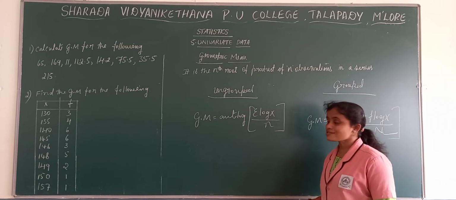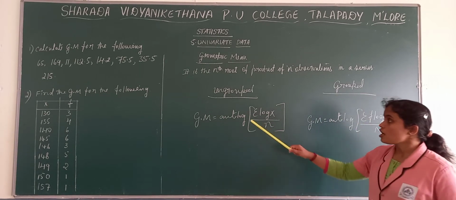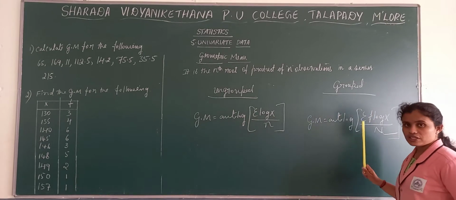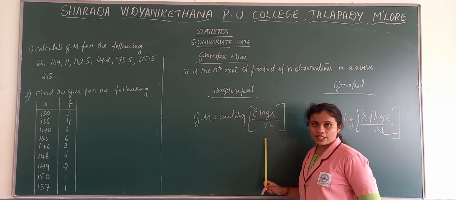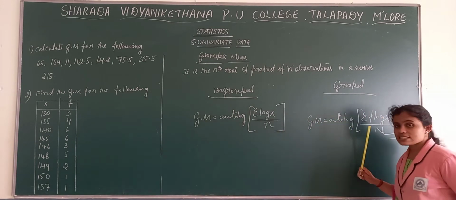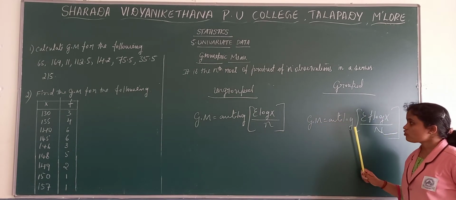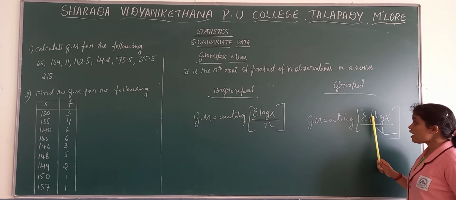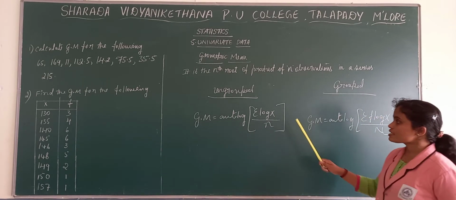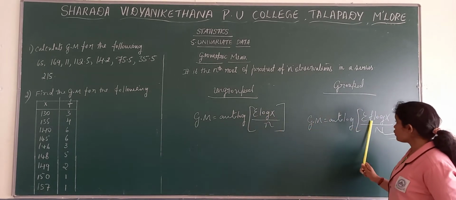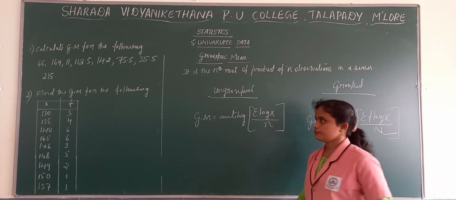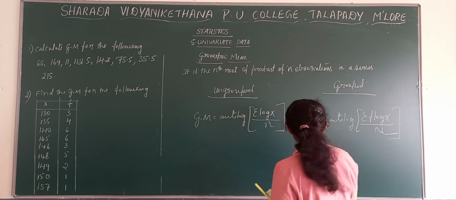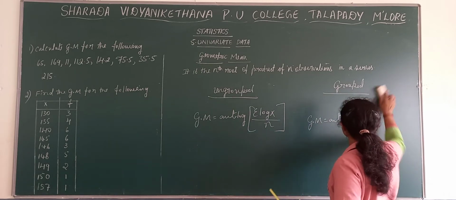That is for 1 mark. And here you have two formulas. One is for ungrouped and the other is for grouped. Ungrouped is sigma log x by n, and grouped, even discrete as well as continuous, same formula, antilog sigma f log x by N. The difference is here only log x, here f into log x, here capital N, here small letter n.